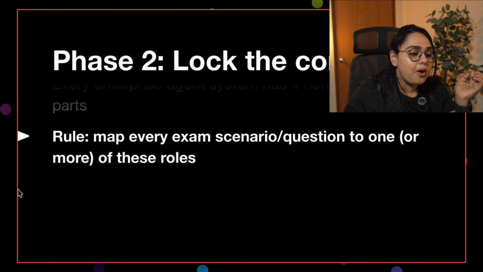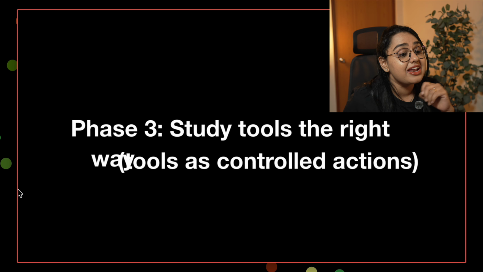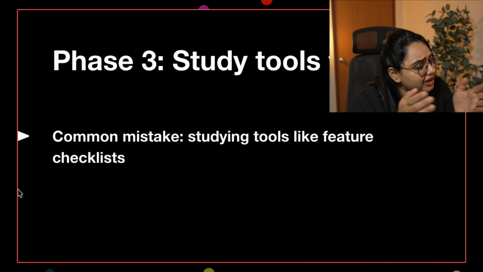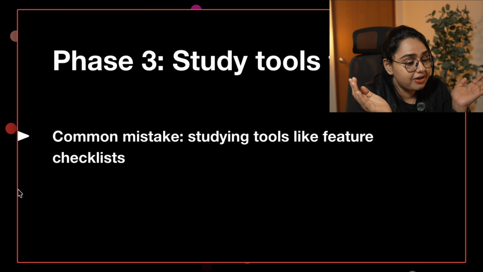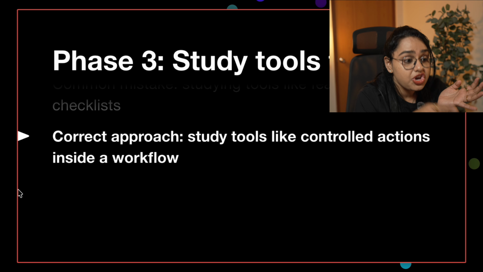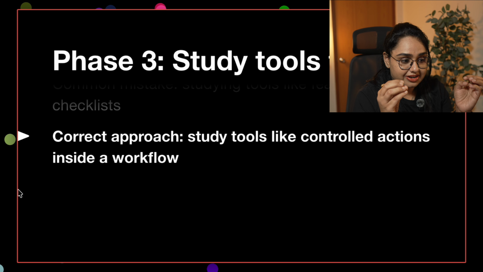Okay? Now, moving ahead, that is phase 3. That is, study tools the right way. Here is where many candidates go wrong. Trust me, many of them go wrong here. They actually study tools like features. But instead, you must study tools like controlled actions.